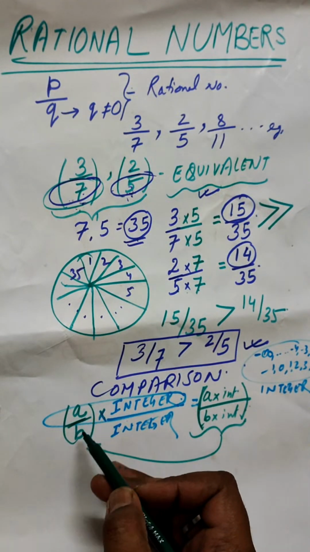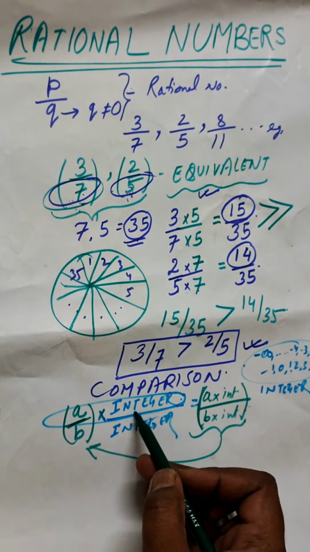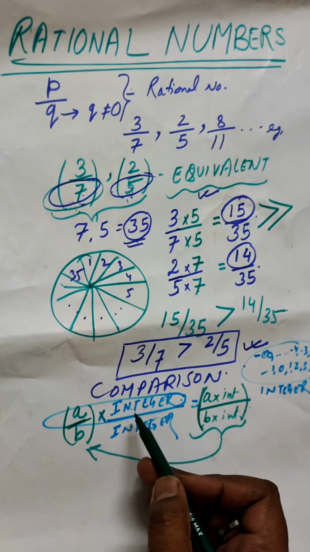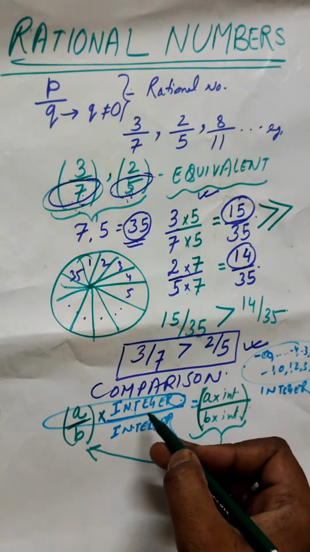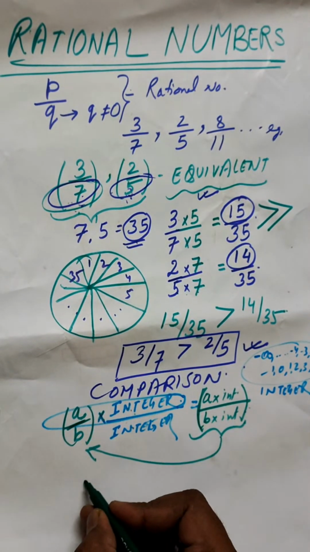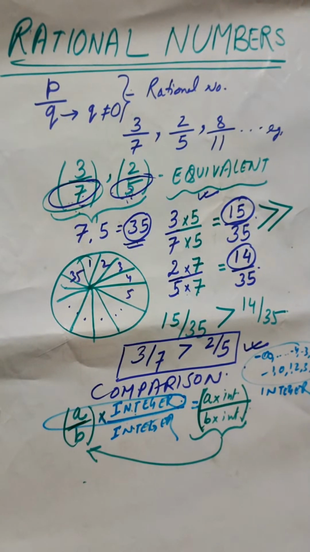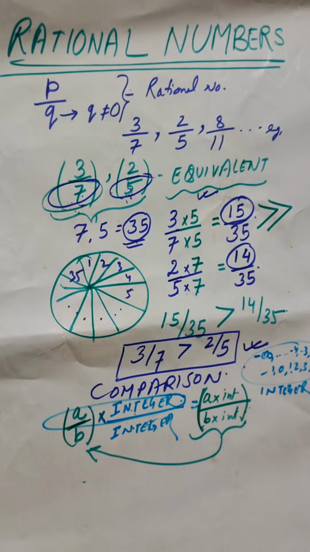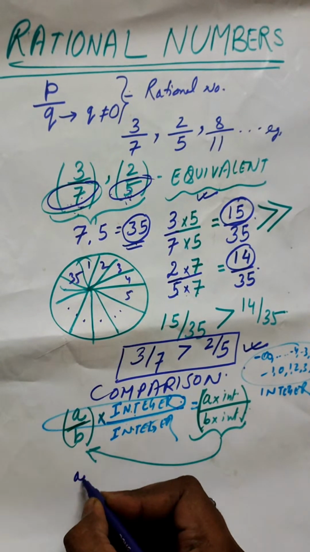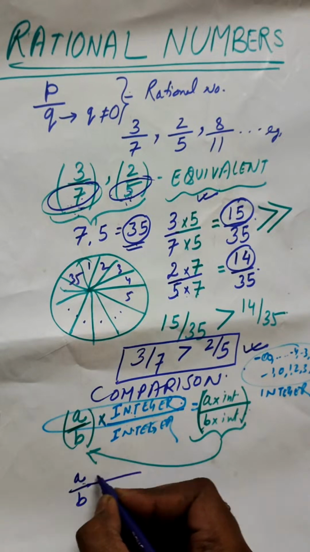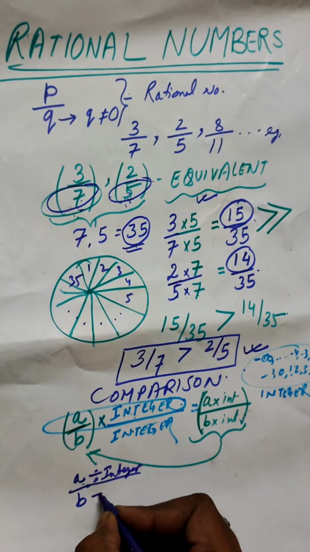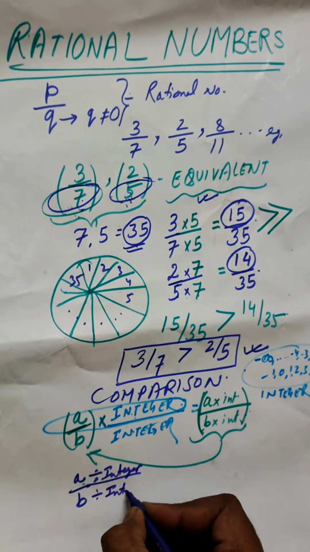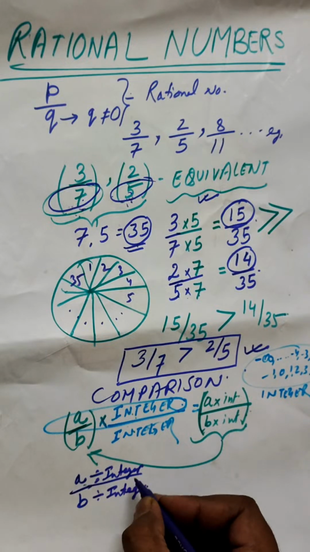We can multiply a rational number by an integer, with the same integer in the numerator and the denominator. And as we can multiply, we can also divide by an integer and the value will be the same. Just mind it, this integer should always be the same. No difference of integer should be there.